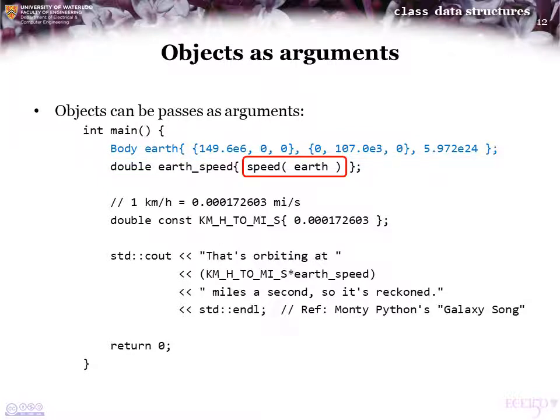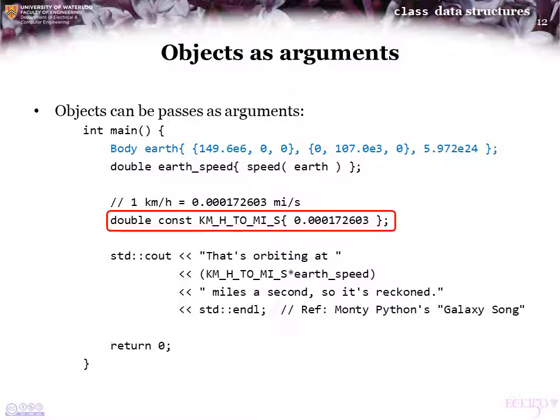We then call speed on that instance, and it will calculate the speed, which in this case is the square root of 0 squared plus 107 times 10 to the 3 squared plus 0 squared, all square rooted, which will just give us 107 times 10 to the 3. And that is the value that Earth speed will be initialized with.